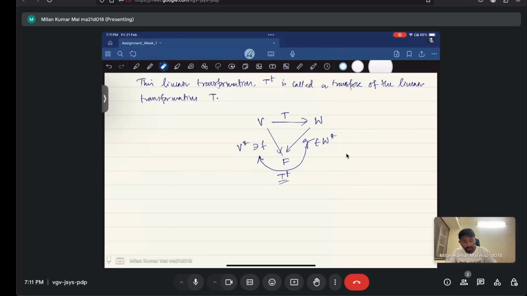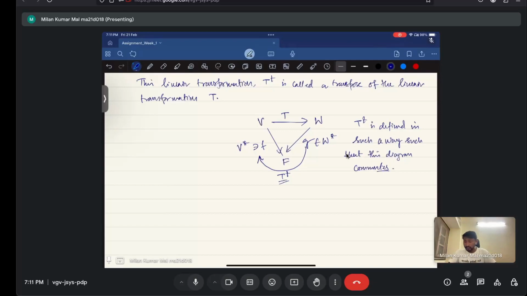One can say T transpose is defined in such a way that this diagram commutes. Okay, so this is the transpose of the linear transformation.